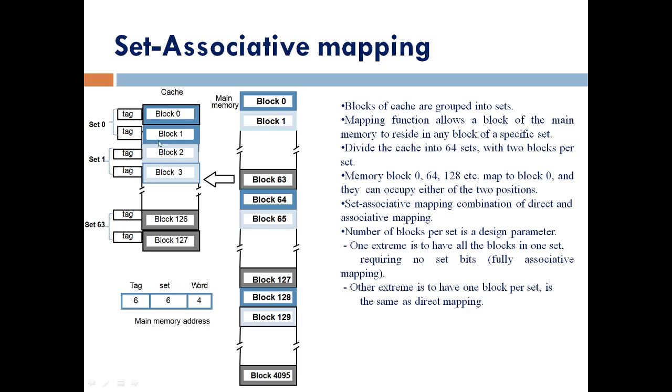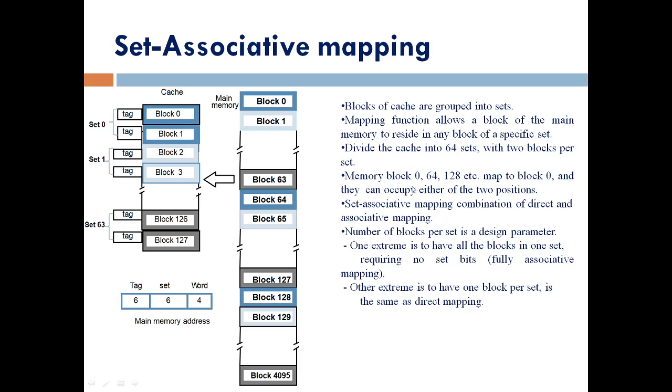Okay, so there will be two blocks in one set. So the mapping function allows a block of the main memory to reside in any block of a specific set. So block 0 and block 1 of main memory can go to any block in the cache memory, either block 0 or block 1. So that means block 0 can go to either block 0 or block 1 of the cache. The same way, block 1 can go to either block 0 or block 1. So that is associative mapping.